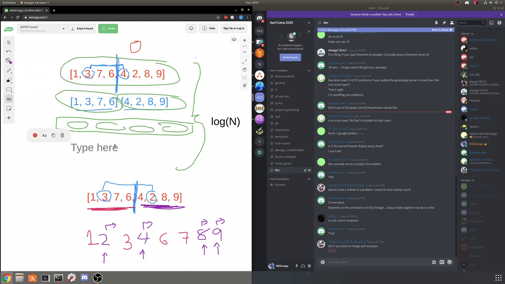So from the left half, you would have an array that's something like 1, 3, 6, 7. And on the right half, you would have an array that's something like 2, 4, 8, 9. And to combine these, you just have a pointer that starts at the start of each of these arrays.